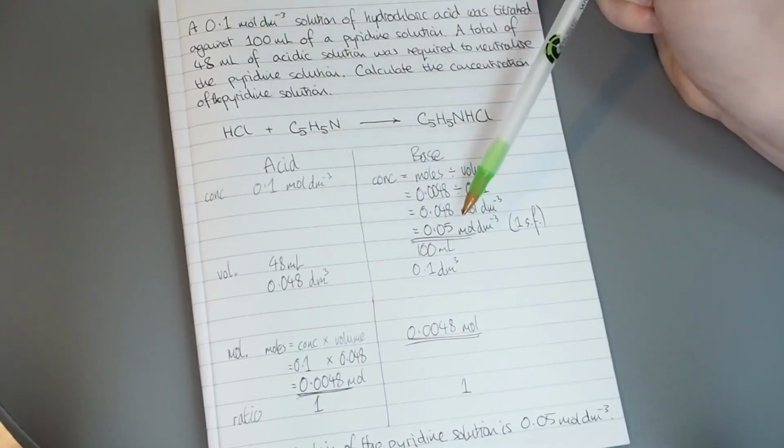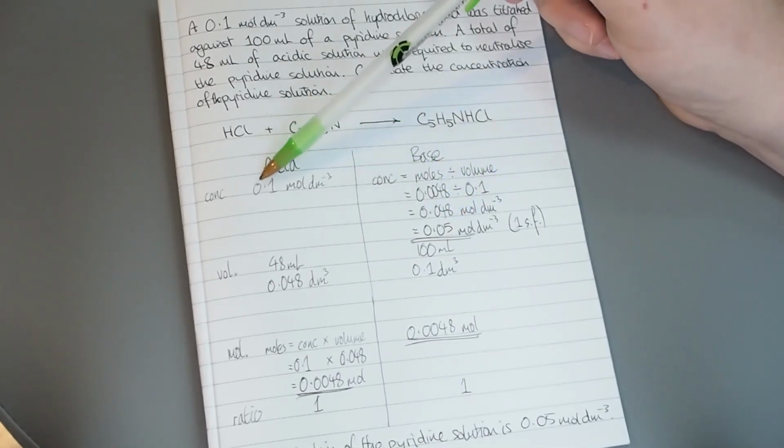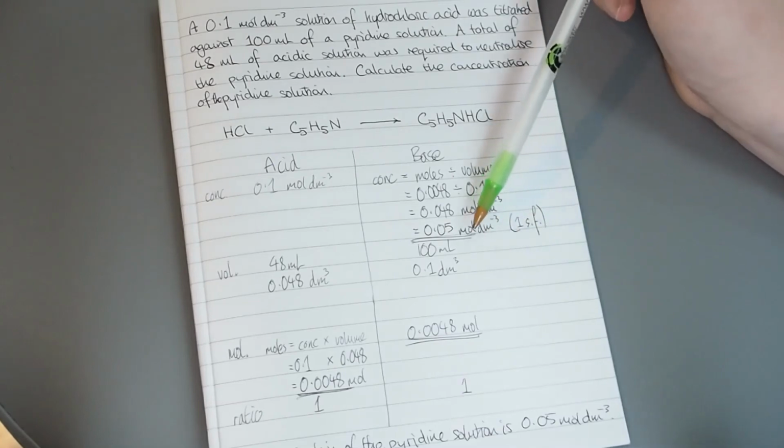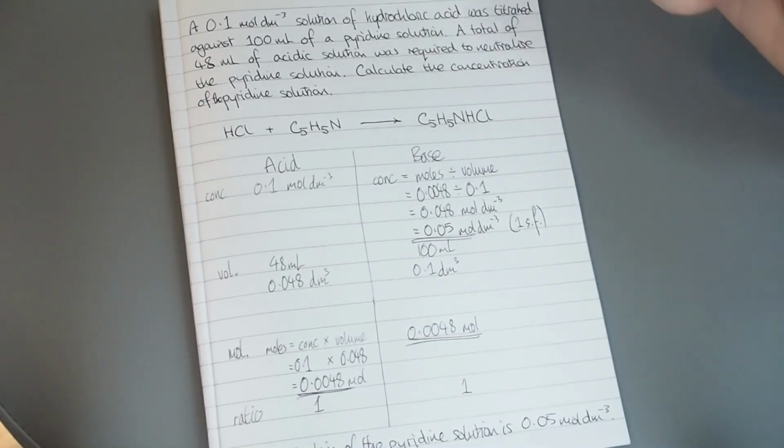And so when we look at this answer, 0.05, well, that's half of 0.1 to one significant figure. If you don't get significant figures and the like at the minute, I might put a video out on them so that we can understand how errors and things impact how accurately we give our answers.